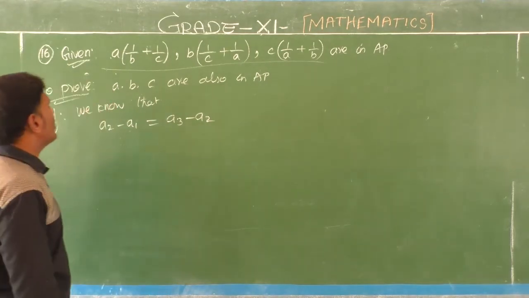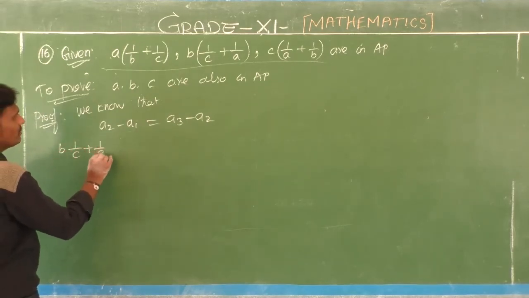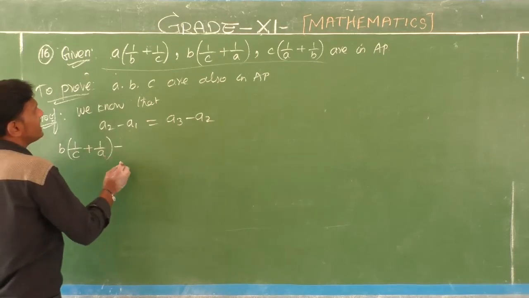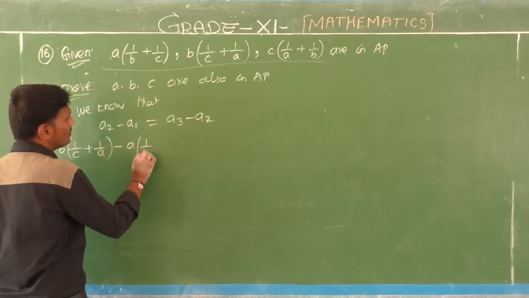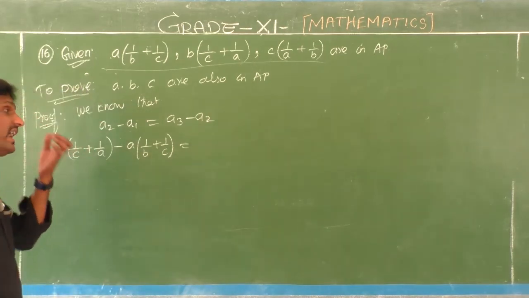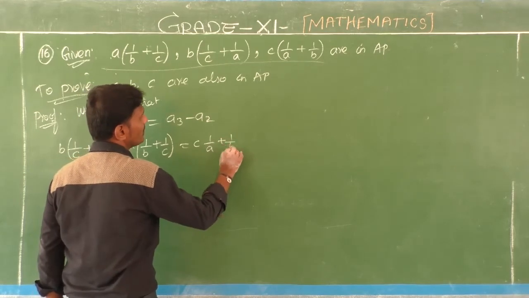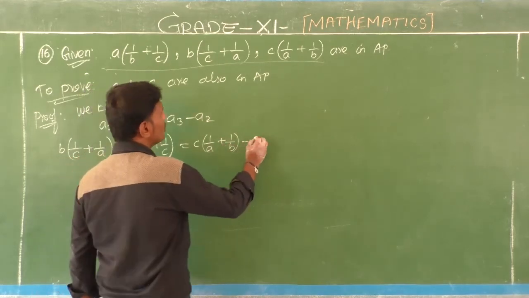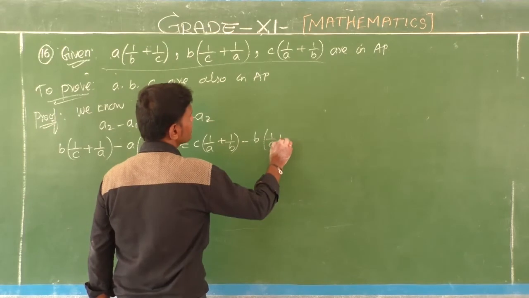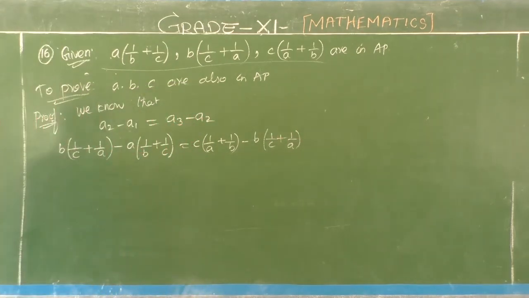Yes, student. Now you have A2 is B(1/C + 1/A) minus A1, which is A(1/B + 1/C), which is equal to A3. What is the third term? C(1/A + 1/B) minus A2, B(1/C + 1/A). Yes, students? Okay. Now I am going to simplify.